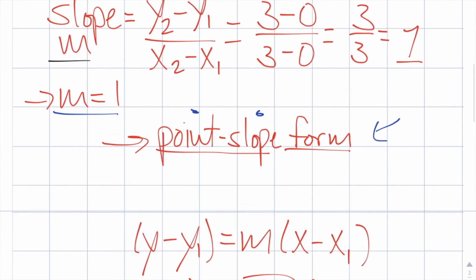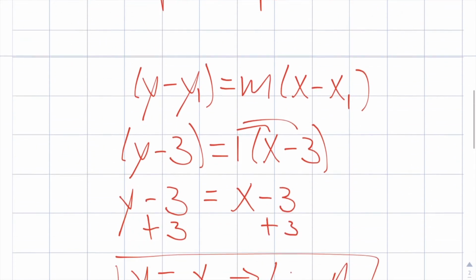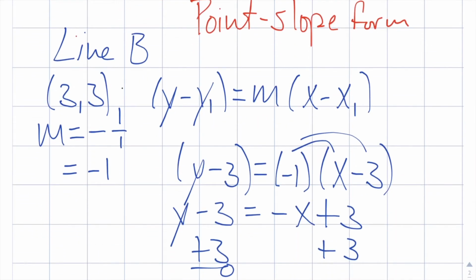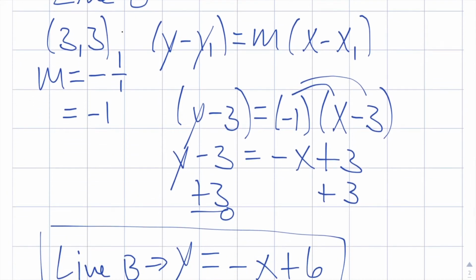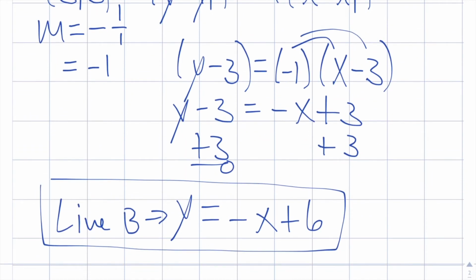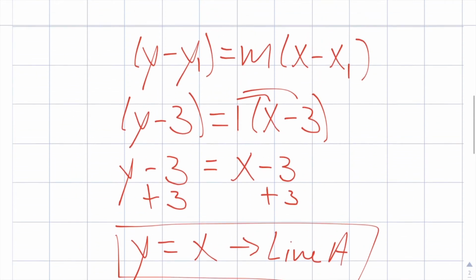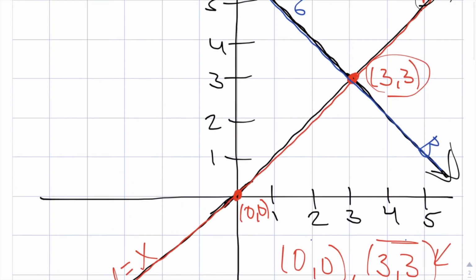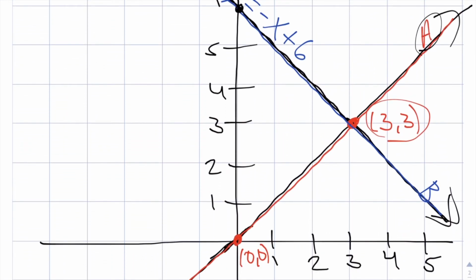So if we know line A's slope was 1, the slope for line B is negative 1 over 1, which in this case is just negative 1. And we repeated the process of point slope form, plugged it into the formula, did the math. Line B is y equals negative x plus 6. And now we have the equations of both perpendicular lines.